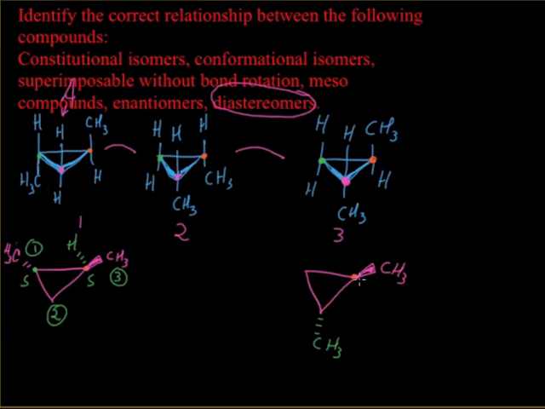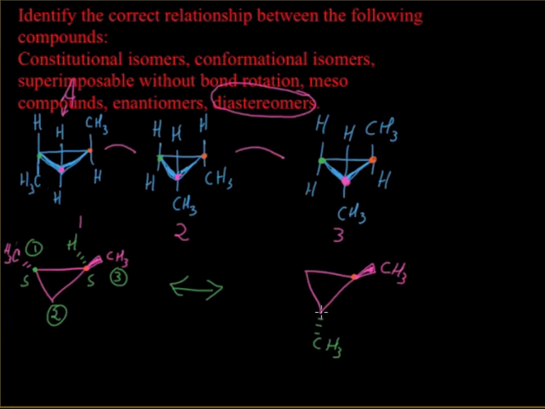And then if both of them are switched, then these two would be enantiomers. So that would mean if this was R and that was R, then 1, this guy, and 3 would be enantiomers. Okay, so we need to figure out, really we know they're either going to be both S or both R, since these two are both S.